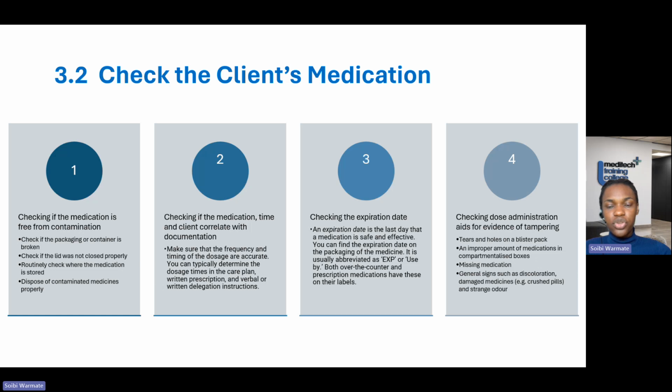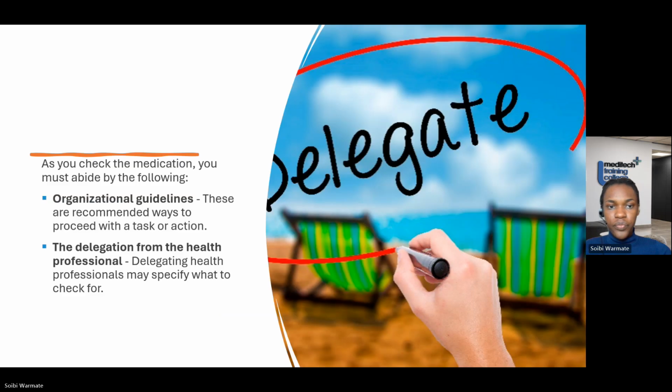So check if the blister pack has tears or holes, or if there's an improper amount of medication in the box or container, report missing medications, and also look for general signs such as discoloration, damaged medications, or even strange colors. As you check the medications, it's important for you to abide by the organizational guidelines and also the delegation from the health professional.